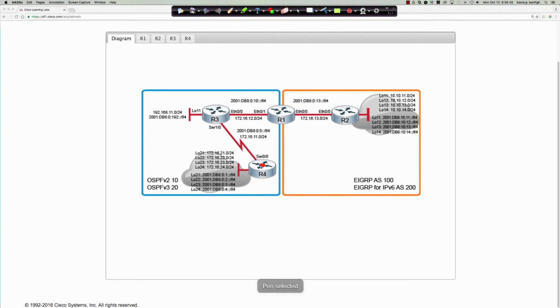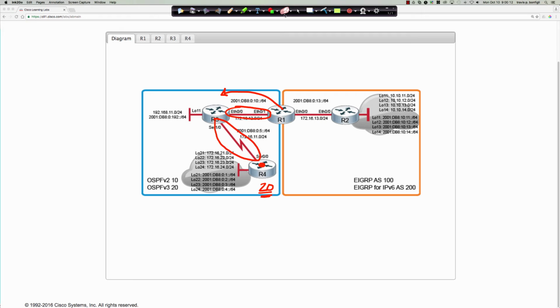Because remember, we're on router 4 when we display that output, and router 4 says that the cost, the metric, is 20 to reach that information. But I'm redistributing from router 1, and you can see it has to come across this Ethernet link here, and then it even comes across a slower serial link, but yet I still see the cost is 20.